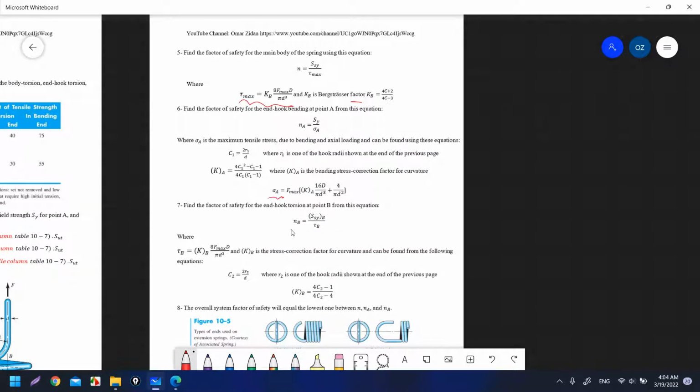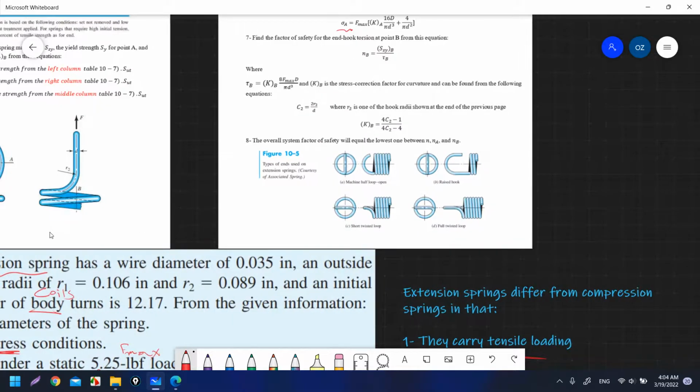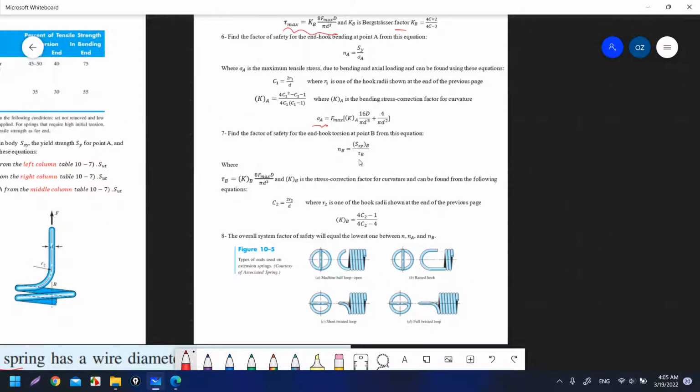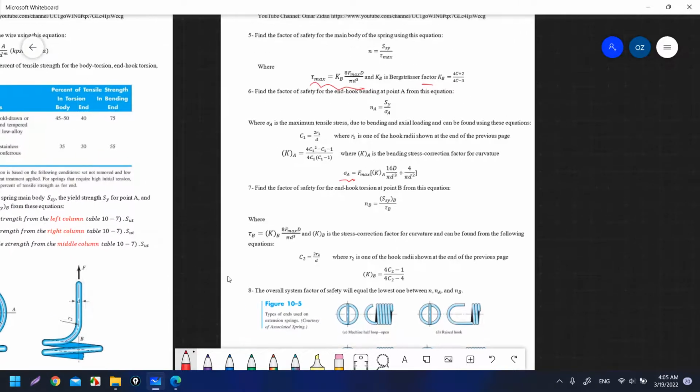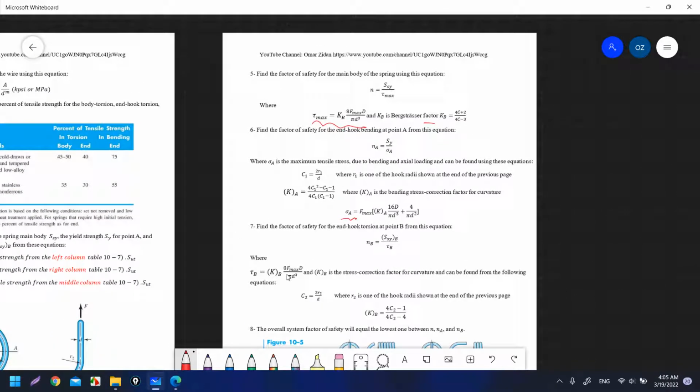So this one, we compare it to the yield strength, and also we have at point B here a curvature. This curvature will have torsional shear stress. We also compare the torsional shear stress that we apply at point B with the torsional yield strength. So all of them, as you can see, contain Fmax.